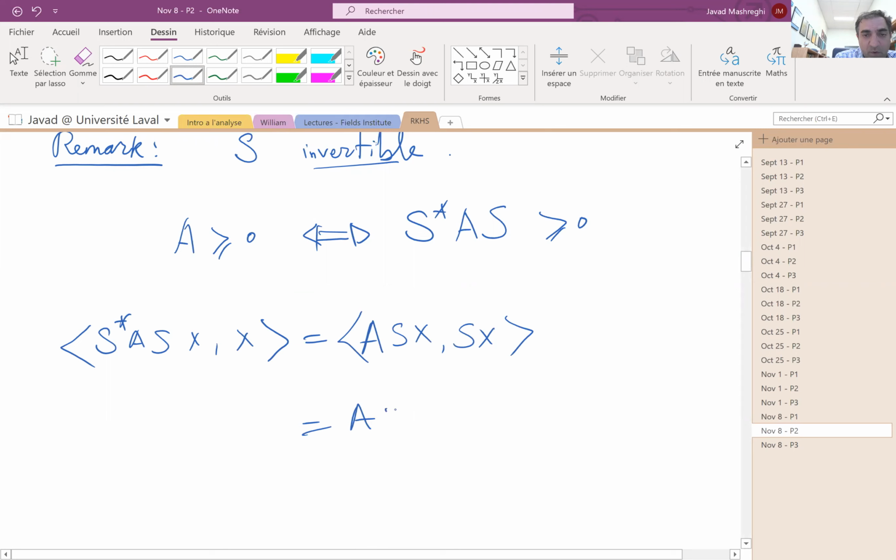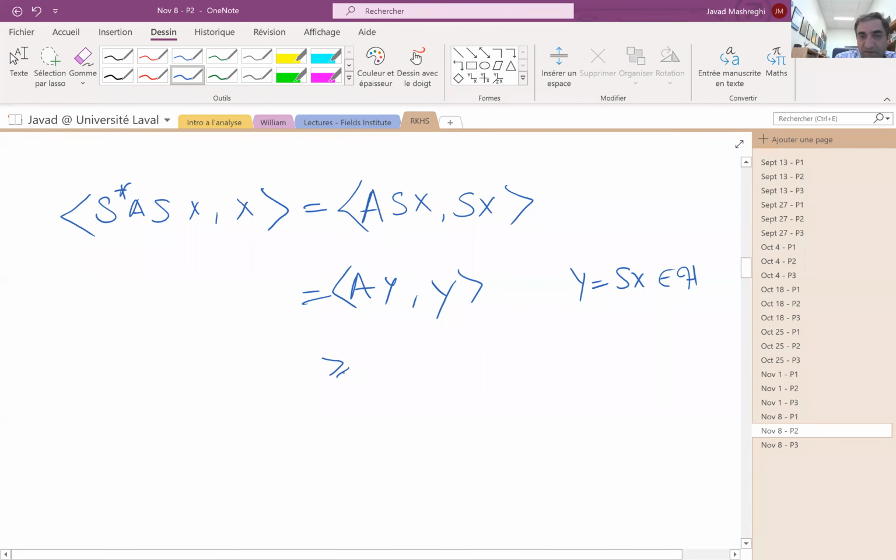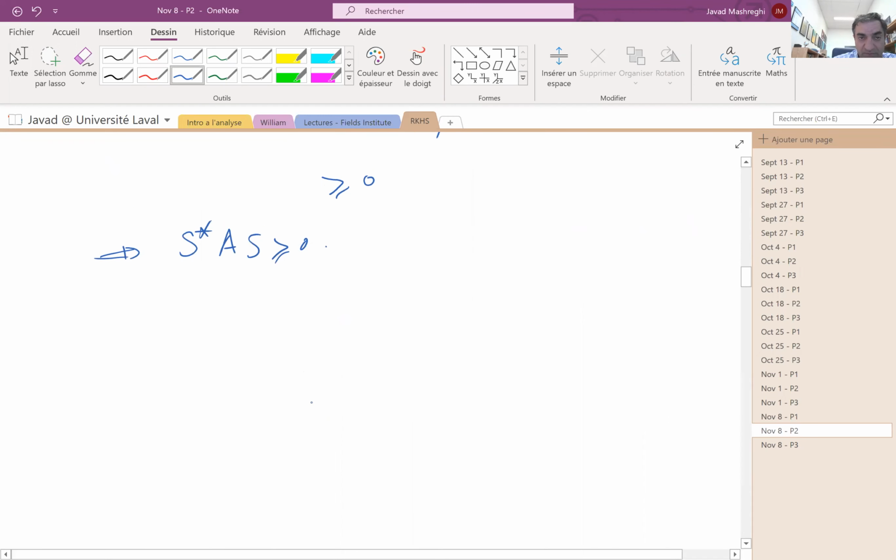So it's like AY acting on Y, when Y is SX, is in our space, whatever it is, H. And so if A is positive, then this is positive, which implies that S star AS is positive. It's a very simple observation. And this observation is used in the second proof that I present here.